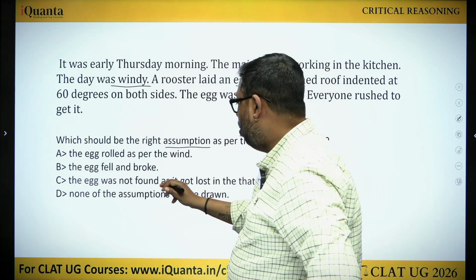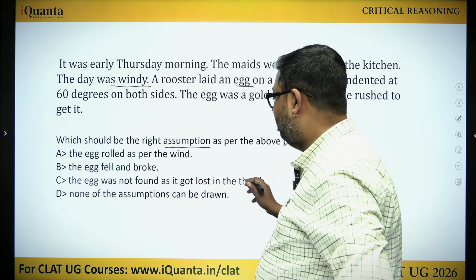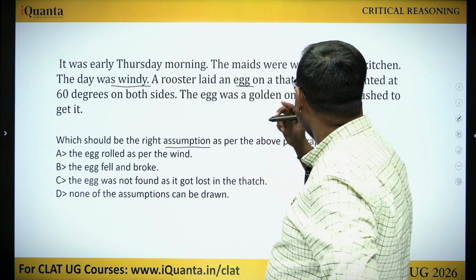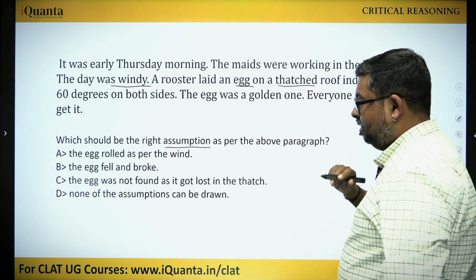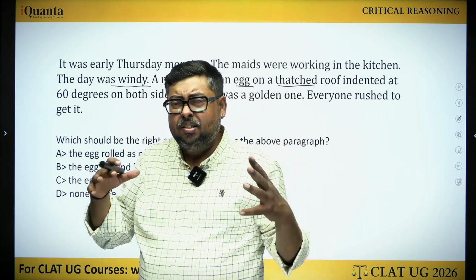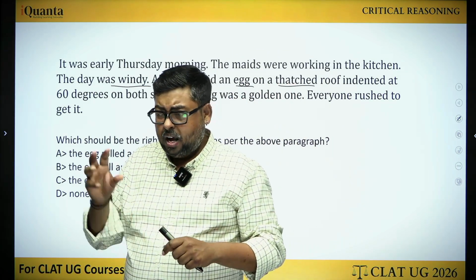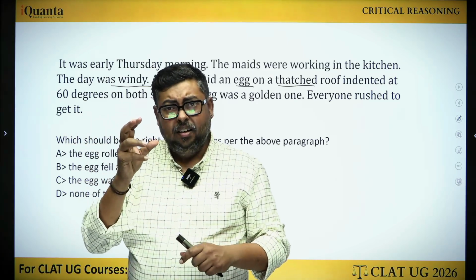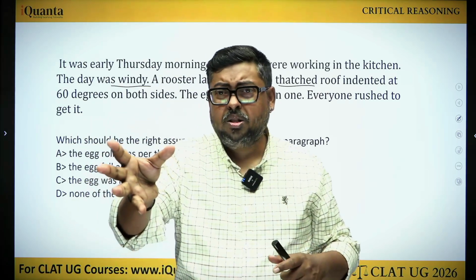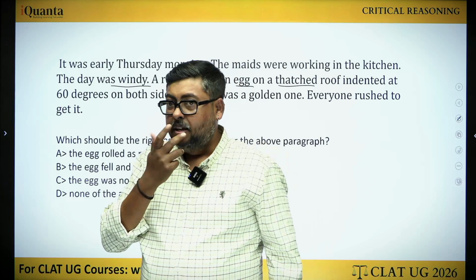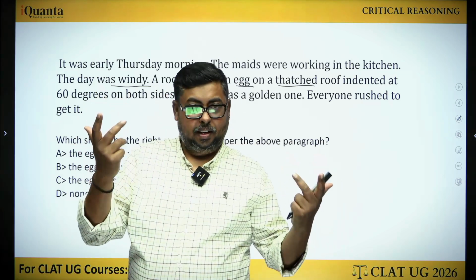C: The egg was not found as it got lost in the thatch. Was there thatch? Yes, there was thatch. What is thatch? Thatch is like dry leaves and grasses and all that. So the egg somehow got lost in that. Even that is correct. Why not? It can definitely happen.